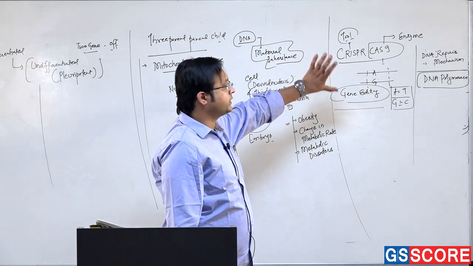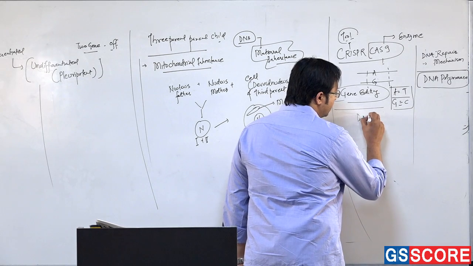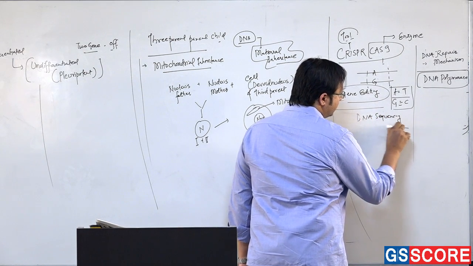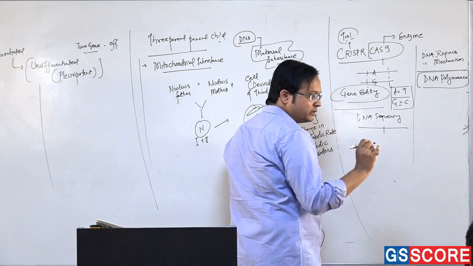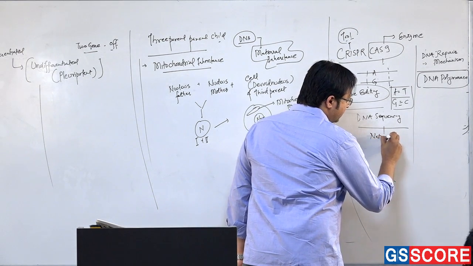Apart from this, there are other tools as well, where we have the DNA sequencing tool. Using the DNA sequencing tool, we can understand the basic nature of a gene. What is the nature or sequence of a gene?